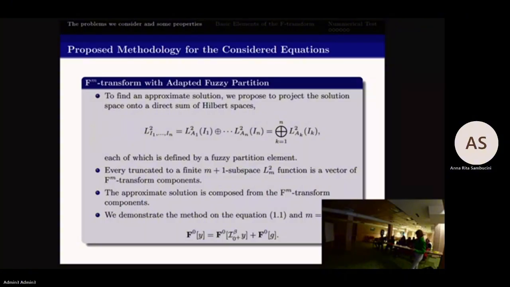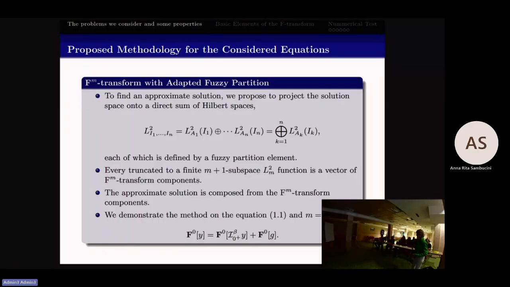And then the trick which I just explained is expressed here. Here you see how we apply the F transform to three functional parts of our equation. You remember that we have an equation which has three functions involved, and because the F transform is an operator, each function is transformed into vectors.